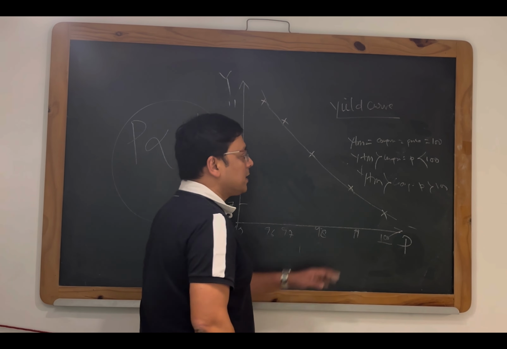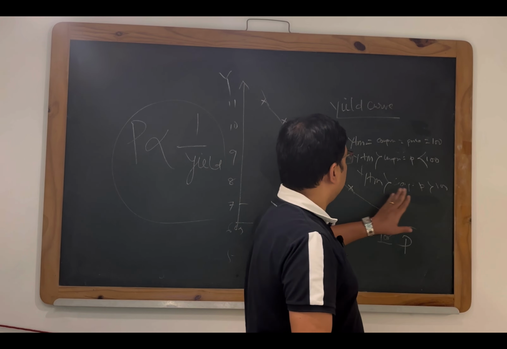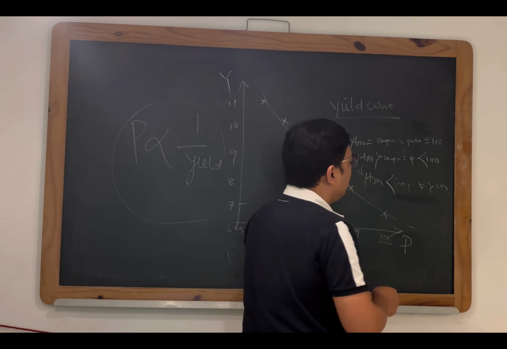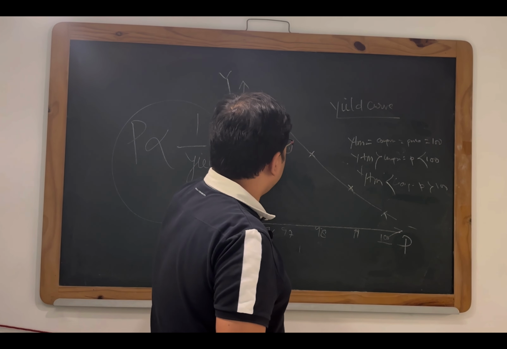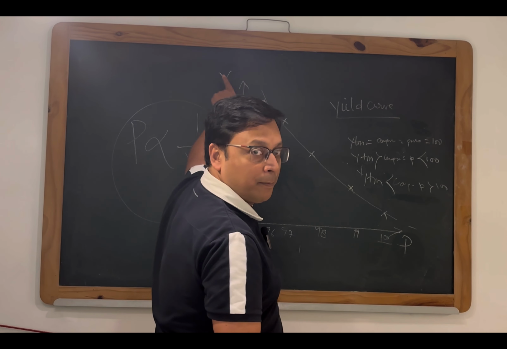If the YTM is less than the coupon, then the price is trading at a premium. So whenever yields move, the price of the bond will keep moving in this band.